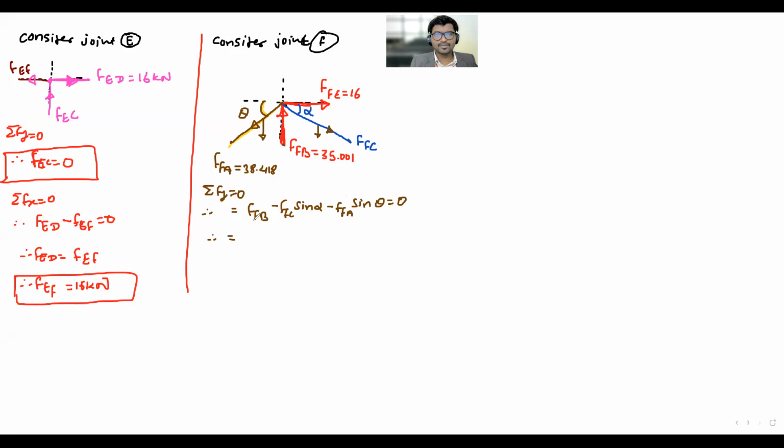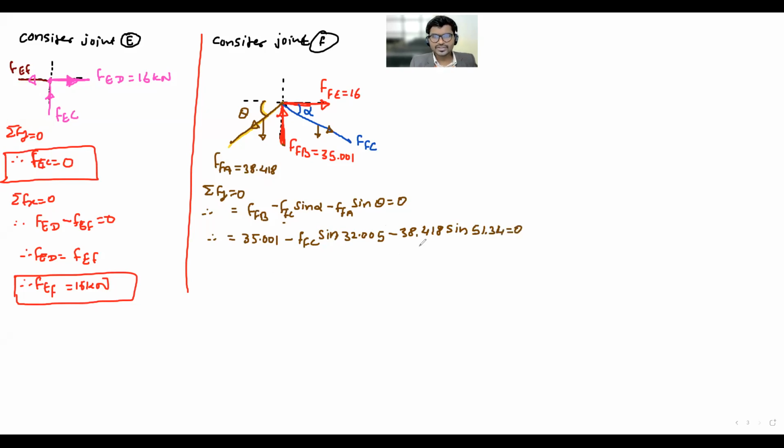Therefore, FFB we know is 35.001 minus FFC sine of alpha, 32.005, minus FFA we know 38.418 sine of theta, theta is 51.34, equals to 0.